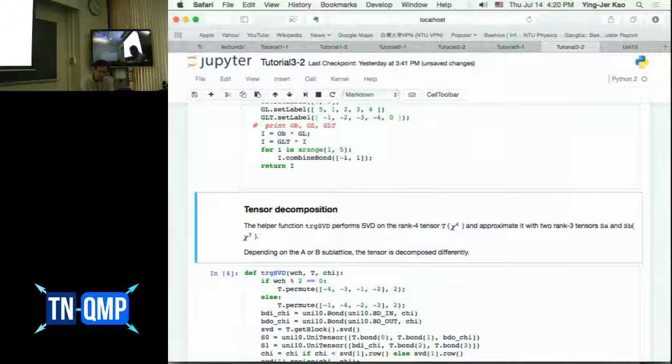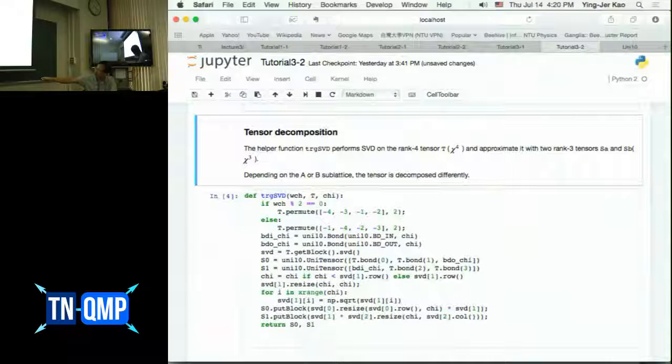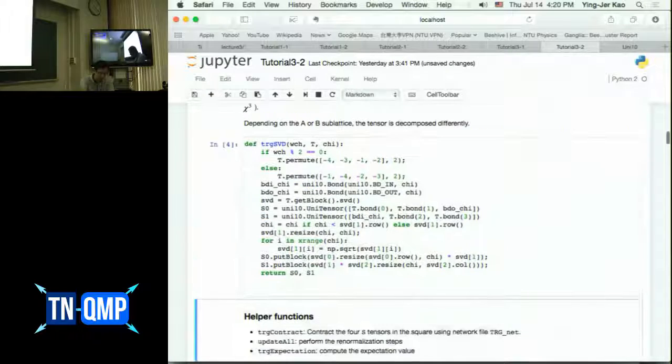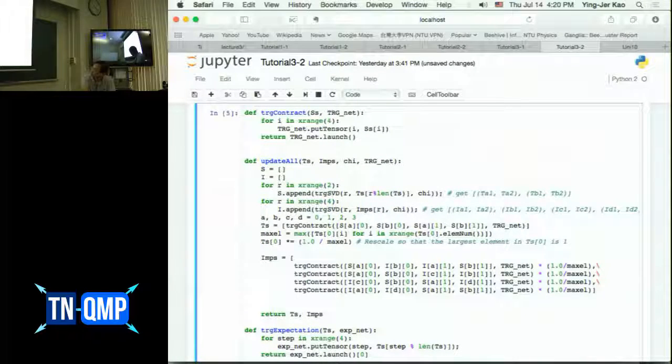We need to do the SVD. There will be 2 sides, the A side and the B side. Then we do a different SVD for each and return the matrices. This is where programming using Uni10 becomes easy, because all you need to do is read in this tensor network file.